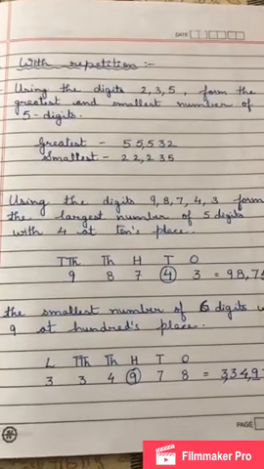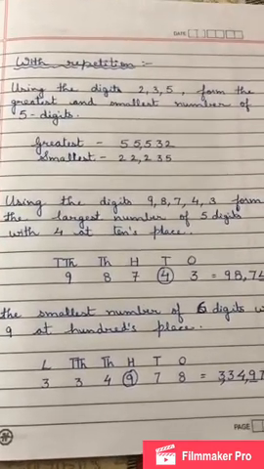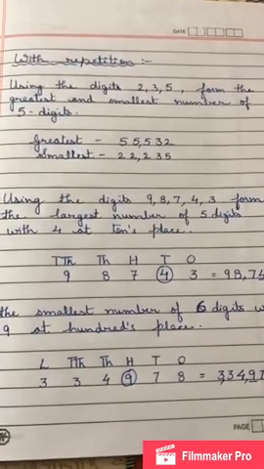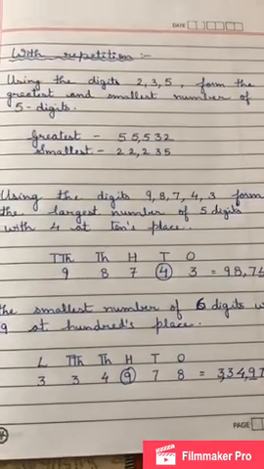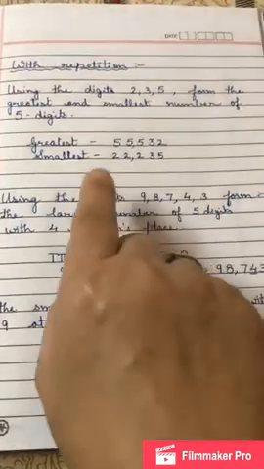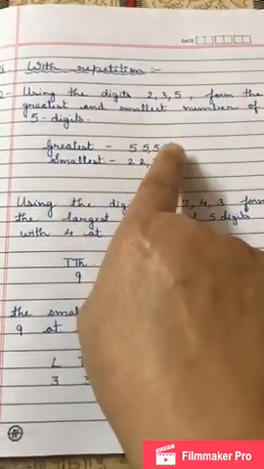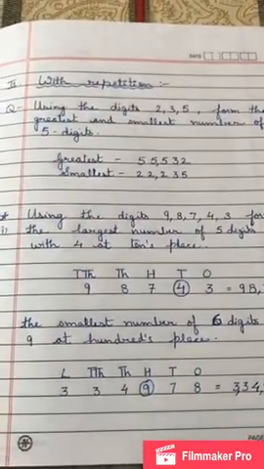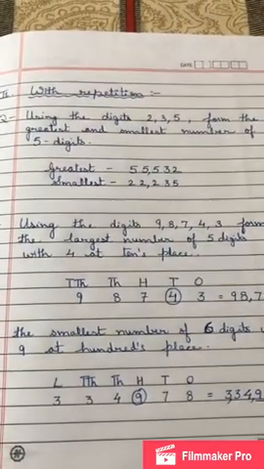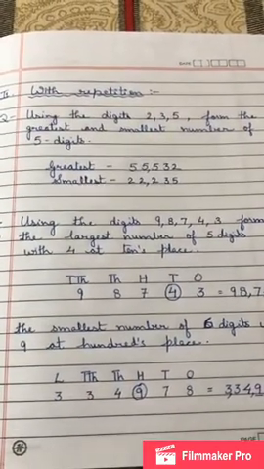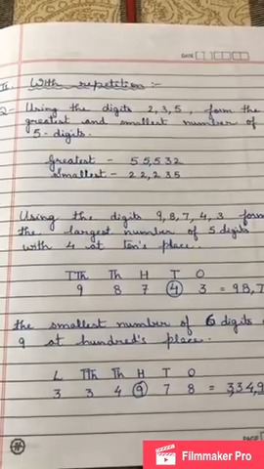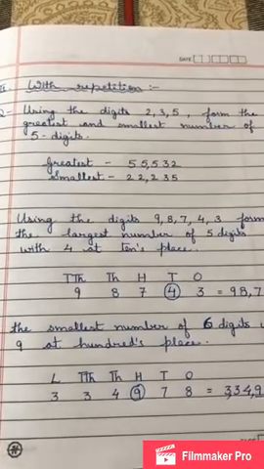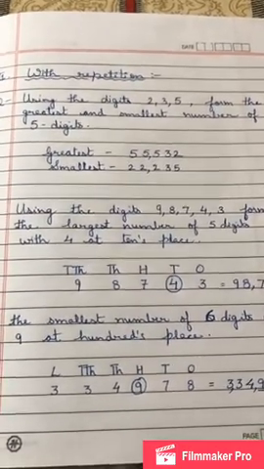So for forming the greatest number, we will have to repeat the greatest digit, that is 5. So the greatest number becomes 55532, that is 55,532. And for forming the smallest number, we will have to repeat the smallest number, that is 2.